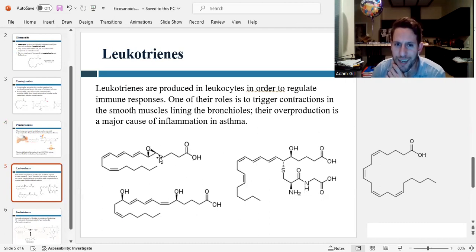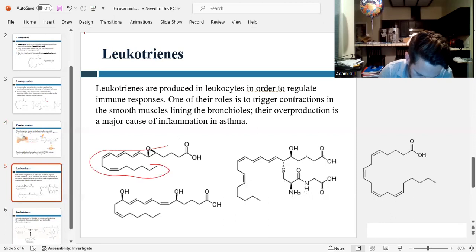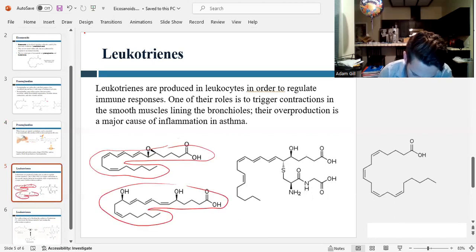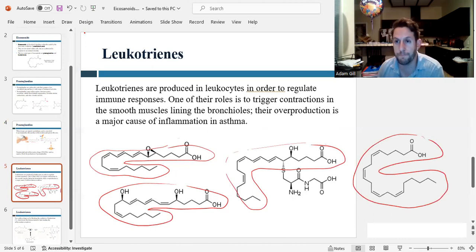All your body does is oxidize it at different places and then maybe attach some other molecules to it. But the core structure here in all of these comes from arachidonic acid once again.